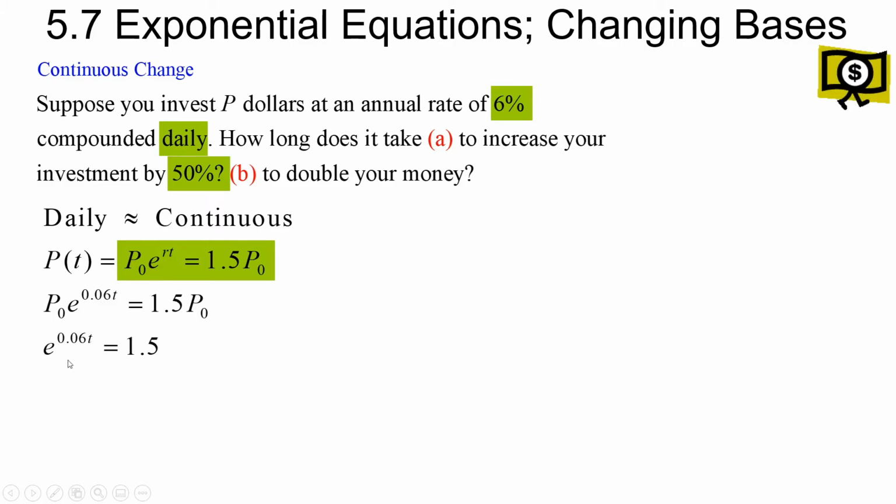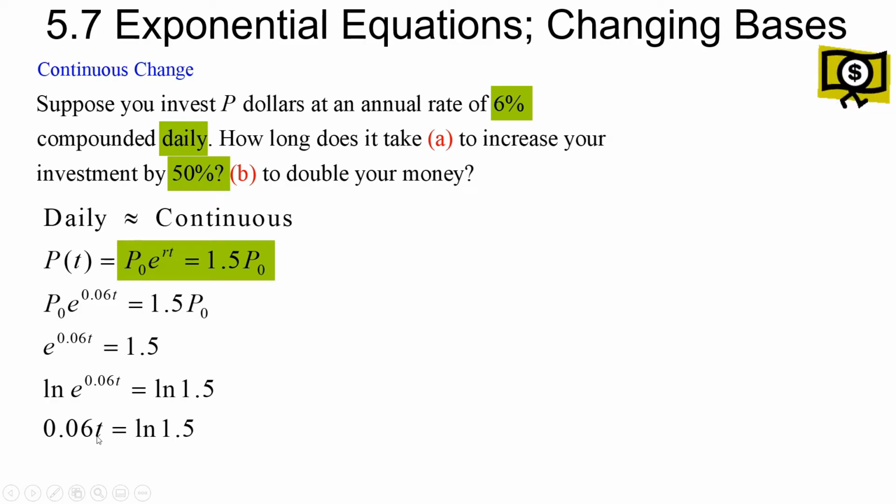And now, if I want to solve for this t, that's an exponent, how about we just take the natural log of both sides? The natural log of e to the 0.06t equals the natural log of 1.5. Now in this case, the natural log and the base e exponential are inverses that undo each other because they have the same base. So that's just going to leave us on the left our 0.06t equals the natural log of 1.5.